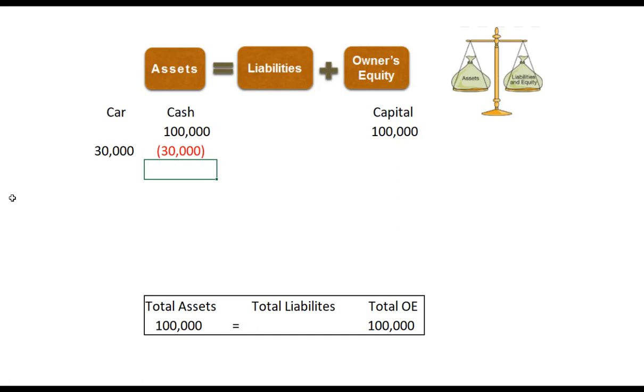The total assets still remains the same, $100,000. However, the component of assets is now made up of car, $30,000, and cash reduced from $100,000 to $70,000, the sum of $100,000 minus the $30,000 used to purchase the car.